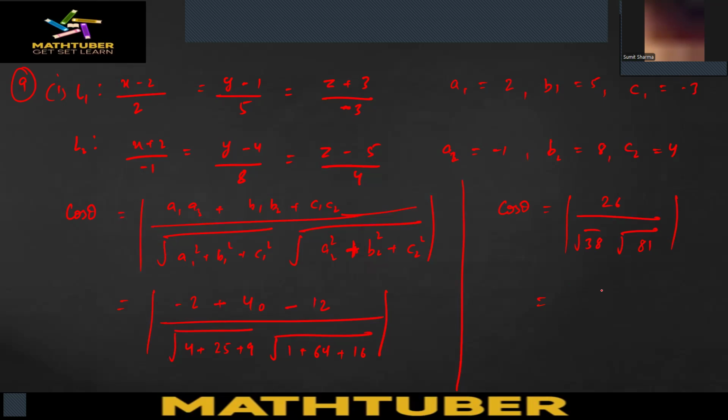So 26 upon 9, and root 38 will be written as it is. There are no factors for it. So theta will be equal to cos inverse of 26 upon 9 under root 38. And this will be the answer, right? So this is how we can find out the angle between the two lines.